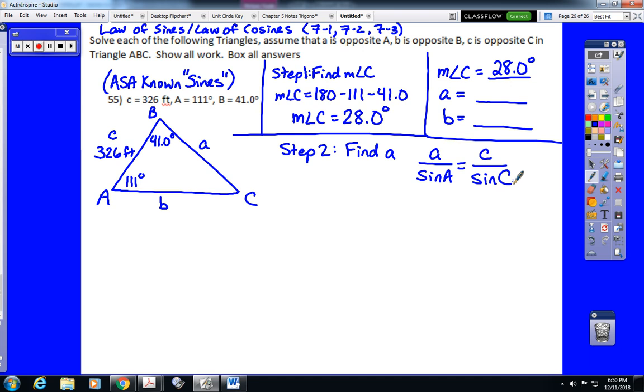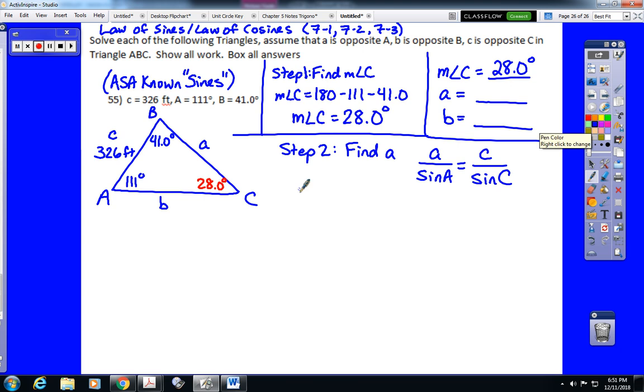You only use 2 at a time. So since we know both little c and angle C, we are going to set up the law of sines where little a over sine of angle A equals little c over the sine of angle C. The reason we're doing this is because now that we've figured out that angle C is 28 degrees, we know one set of information, so we're going to use that set to find everything else.